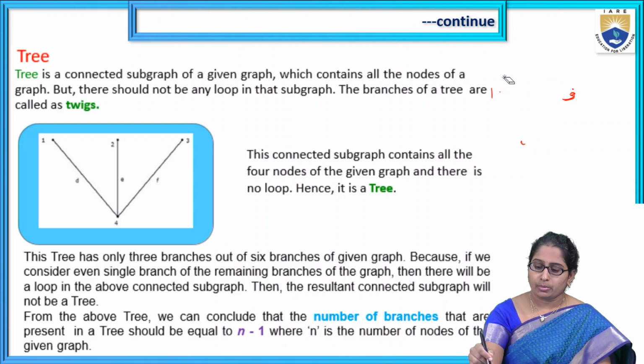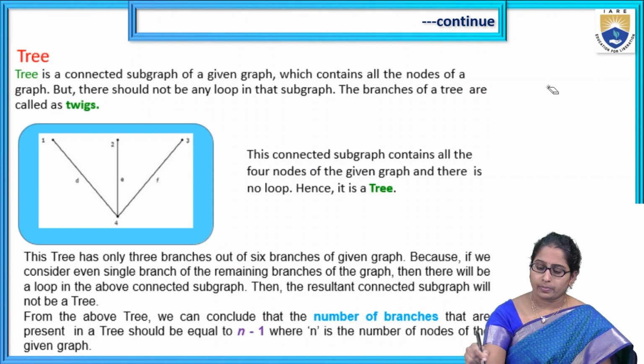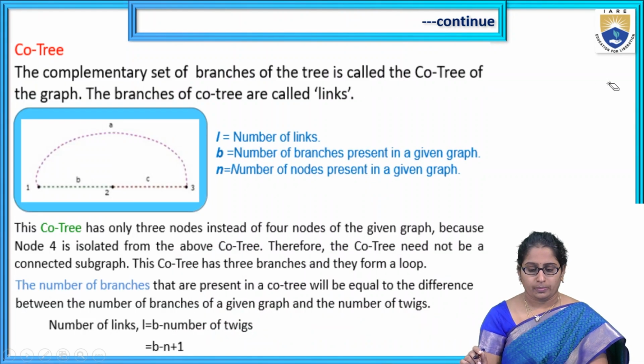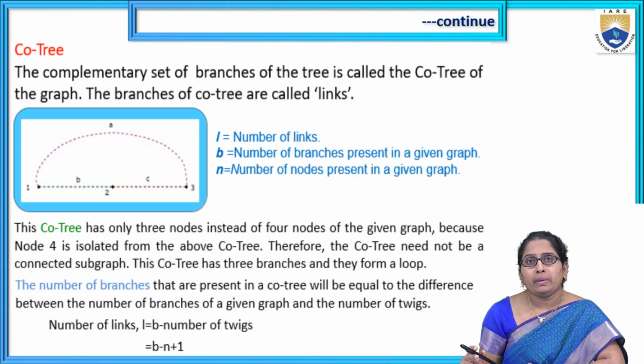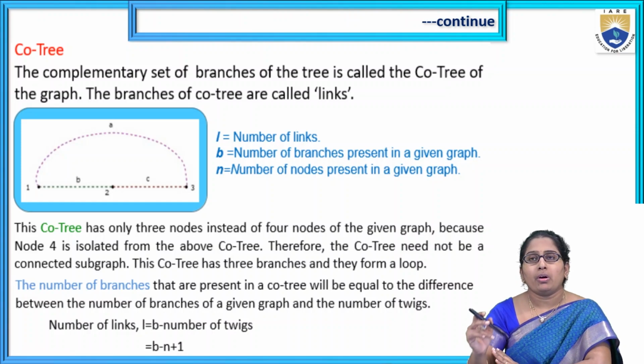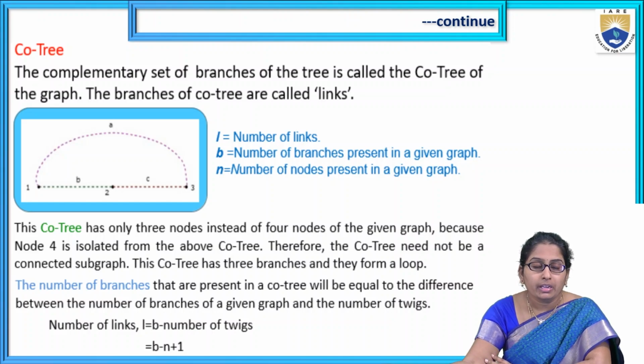So next, about co-tree. What is meant by co-tree? The complementary set of branches of the tree is called co-tree. Co-tree means complementary set of branches of the tree. Now, the branches of the co-tree are called links.